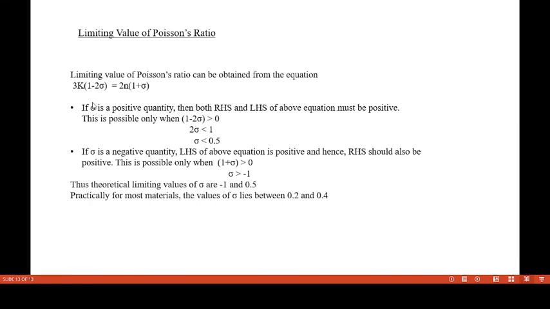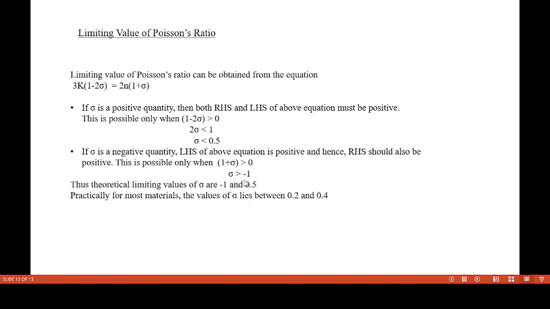Now, if sigma is a negative quantity, since the first case we took sigma as a positive quantity, then this term becomes minus minus positive, so the LHS becomes positive. If the LHS is positive, the RHS should also be positive. To make this positive, 1 plus sigma should be greater than 0, so sigma should be greater than minus 1.